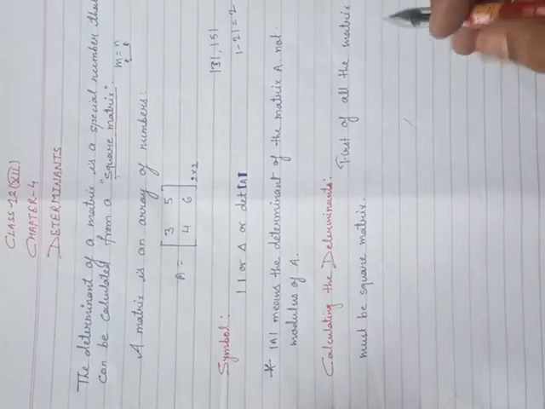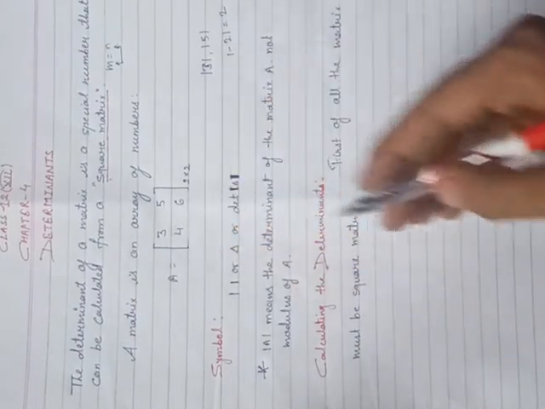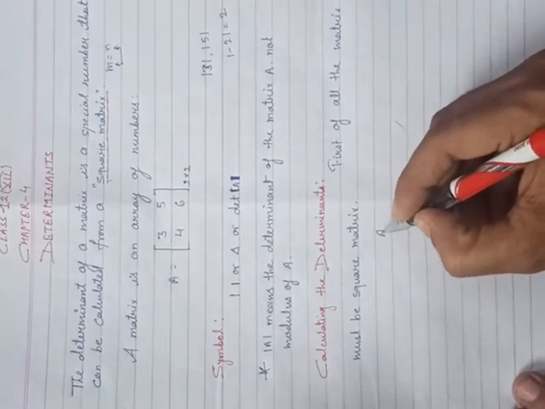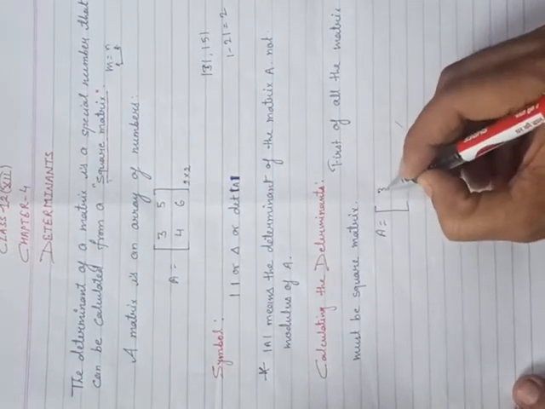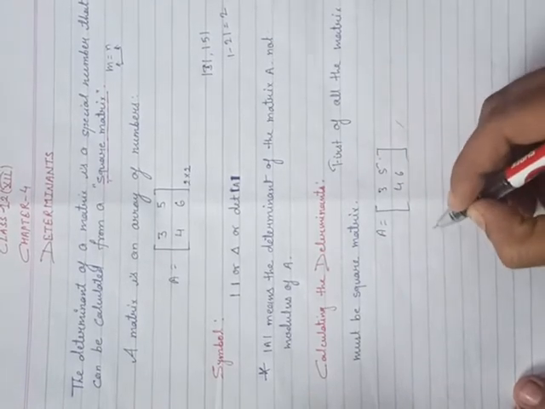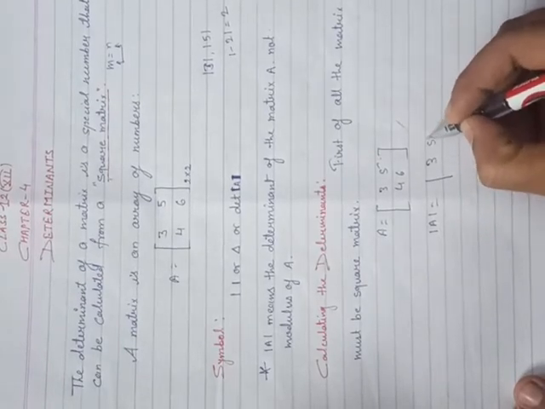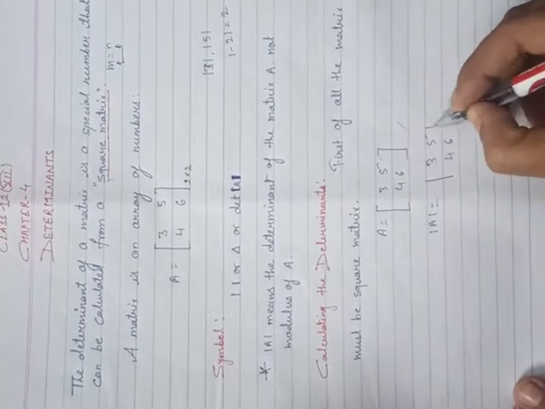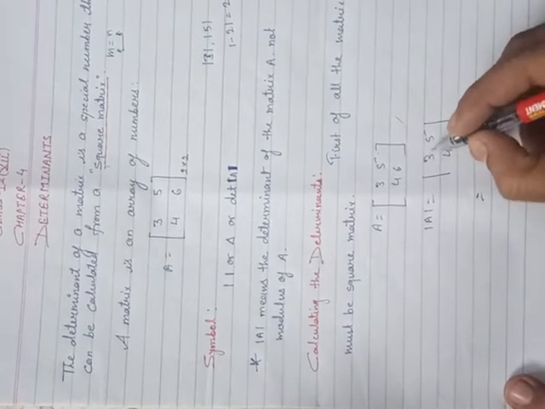Now moving forward, calculating the determinant. First of all the matrix must be a square matrix. For example, I am taking this one only. Suppose A equals 3, 5, 4, 6. Then we have to cross multiply.